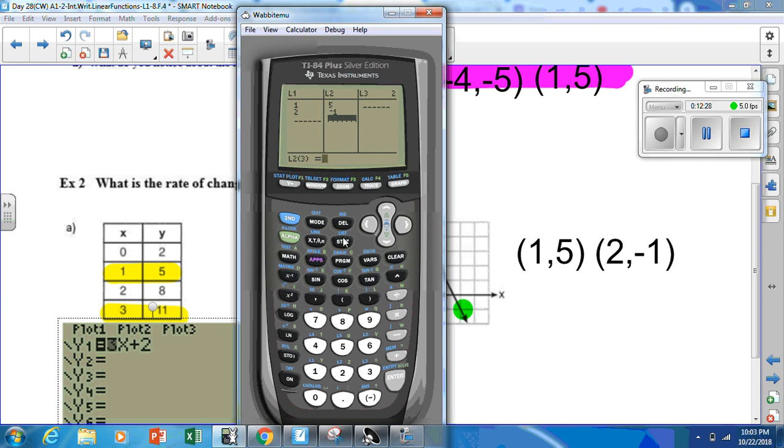We hit stat. We hit calculate. We hit 4. Enter 3 times. 1, 2, 3. We're going to hit second, or excuse me, alpha trace. We hit Y1. Calculate. Okay, let's look at the equation. Let's bring it down.